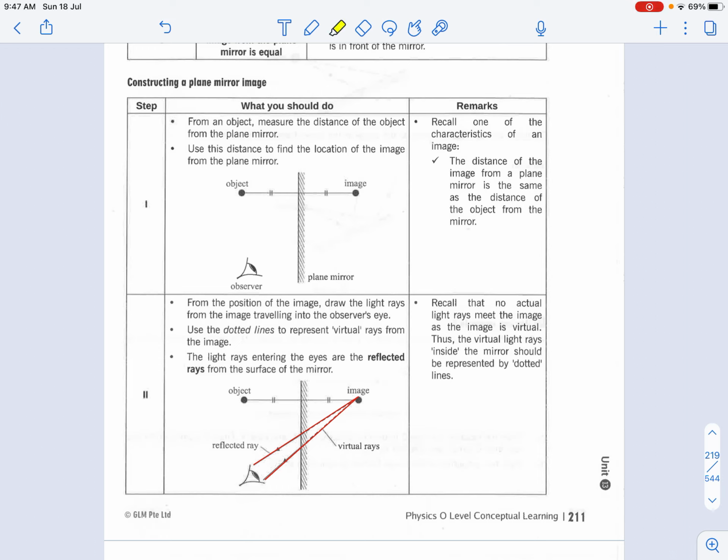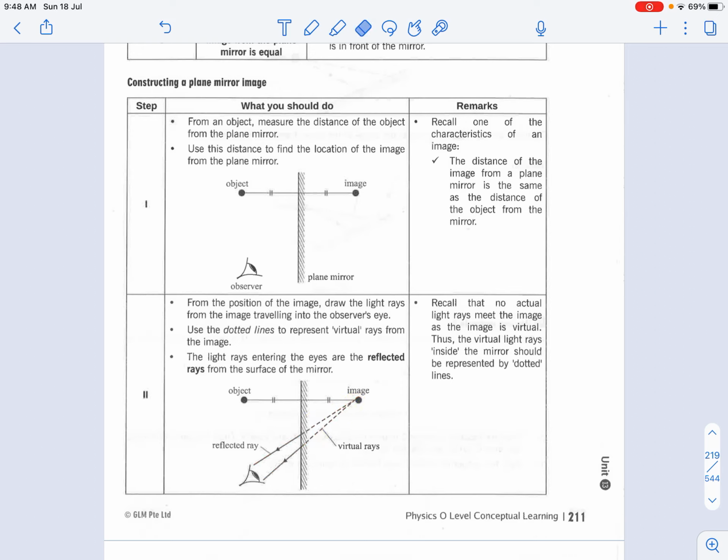But then what you need to do is, for any lines after the plane mirror on the side of the image, they have to be dotted, because dotted lines mean they are imaginary lines. They do not actually exist. Whereas dark solid lines are actual rays that exist. So that's how you do it.